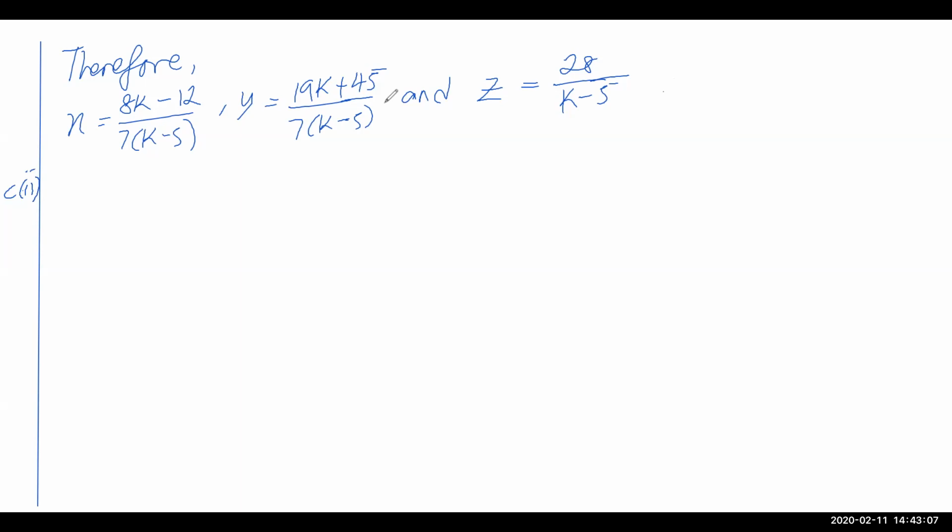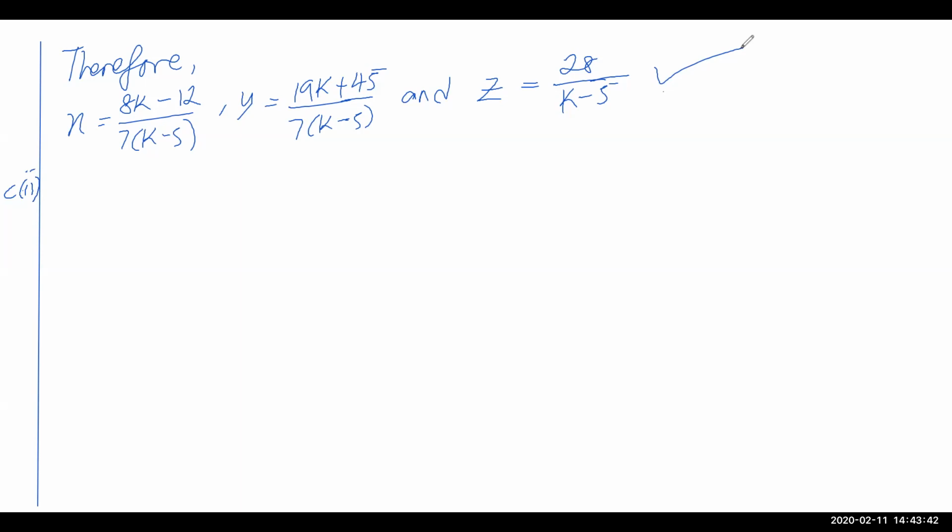So C1 says show that there is a unique solution. That's what you have just done. This is the unique solution, because C1 says show that for all other values of k, there is a unique solution, and write this solution. So this is the unique solution in terms of k. For any value of k, there will always be a different solution, because k varies.